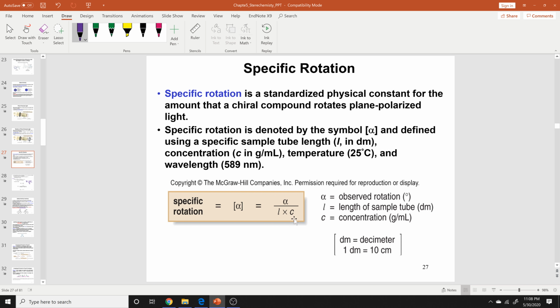Of course, with the polarimeter, what we are measuring is the rotation of the plane of polarized light in your sample, so your samples have to be in solution. We normally prepare a dilute solution, put it in the sample tube, shine the light on it, and check the rotation of the plane of polarized light.